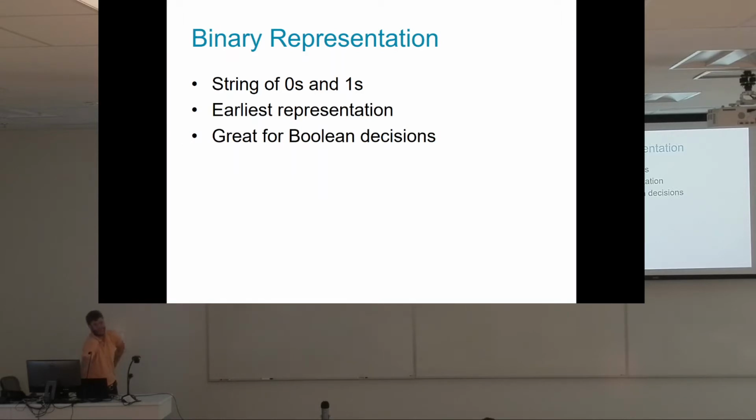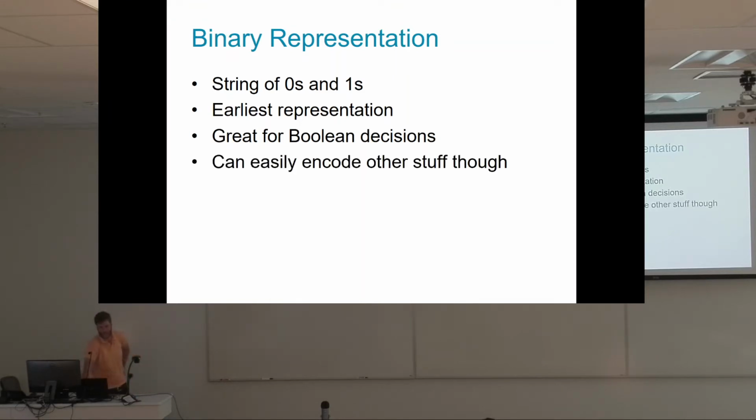It's great if you maybe have a series of Boolean decisions to make, but you could do anything. You could take a binary string that gets decoded to a city permutation. You could totally do that. There's nothing wrong with that. It would probably suck, but you could do it.